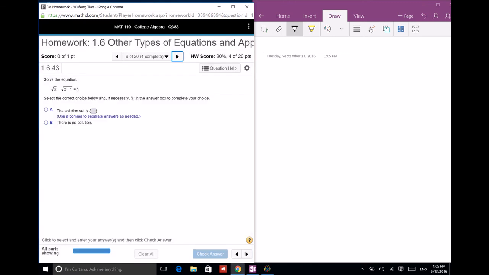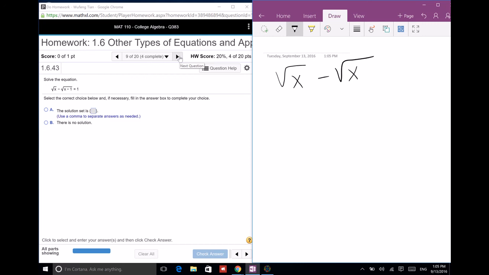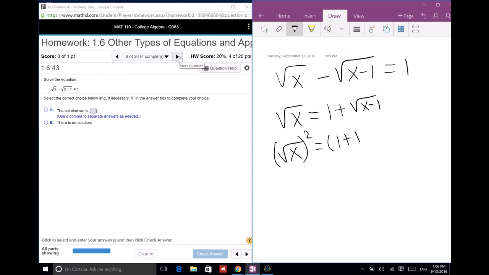And this one is a little bit more complicated, but it's still okay. Since you have two radicals, if you square once, you can only get one radical away. Then you shift 1 to the other side. So square root of x equals 1 plus square root of x minus 1. We square both sides. This one is x, and the other one is (1 plus square root of x minus 1) squared. Then this one doesn't have a square root anymore, but this one, you still have a root.